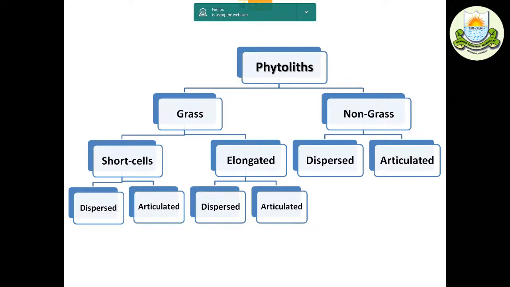I just want to mention here that these short cell morphotypes are more significant for us because they have ecoclimatic significance. I will let you know how they give us clues about the ecoclimatic conditions of the past. Elongated morphotypes are not taxonomically or ecologically the most important, but the bulliform cells give us some results. Okay.